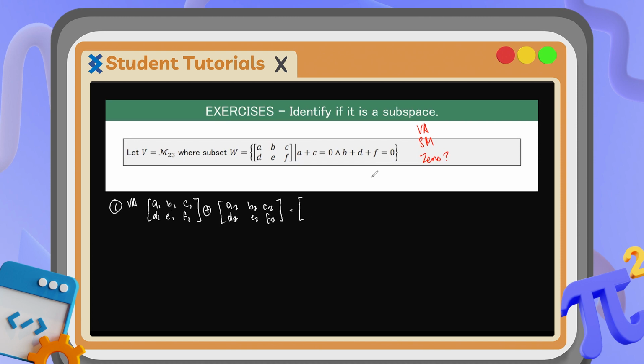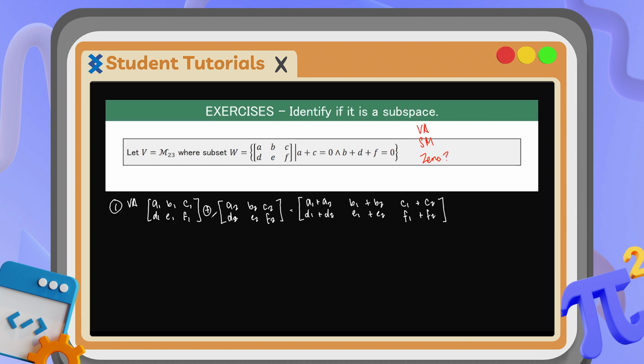Should give us the property, or should give us the result a sub 1 plus a sub 2, b sub 1 plus b sub 2, c sub 1 plus c sub 2, d sub 1 plus d sub 2, e sub 1 plus e sub 2, f sub 1 plus f sub 2.